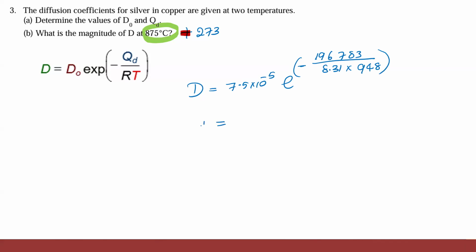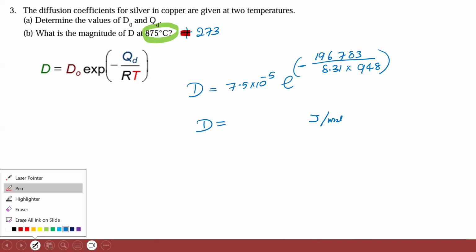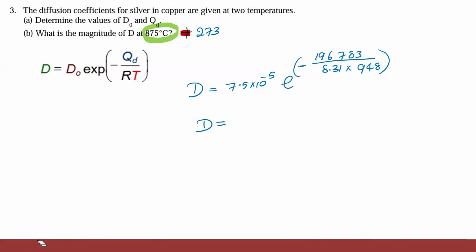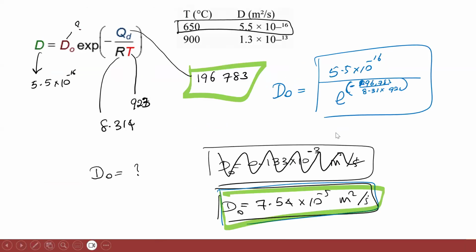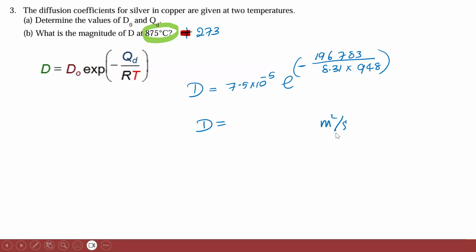So you find the D for this particular temperature for the same material. Sorry, the joules per mole is the QD. This one should be meters squared per second.